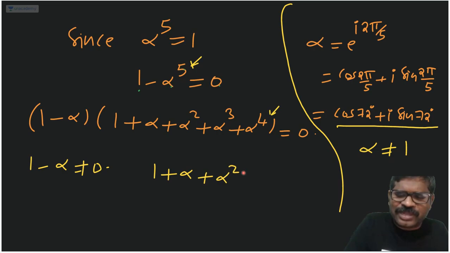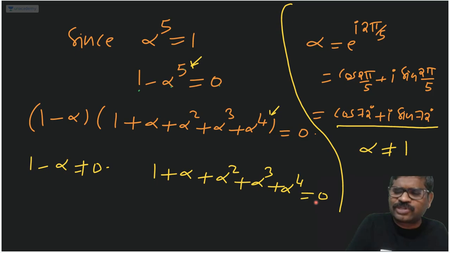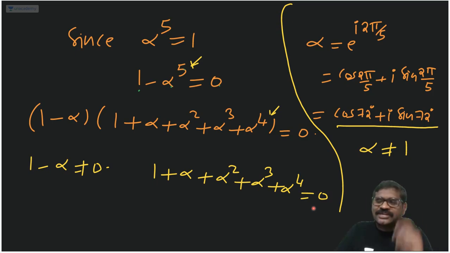So compulsorily 1 plus alpha square plus alpha cube plus alpha power 4 equals 0. How can we say that? In algebra, if x into y equals 0, either x is 0 or y is 0. Here x is non-zero, so compulsorily y is 0.